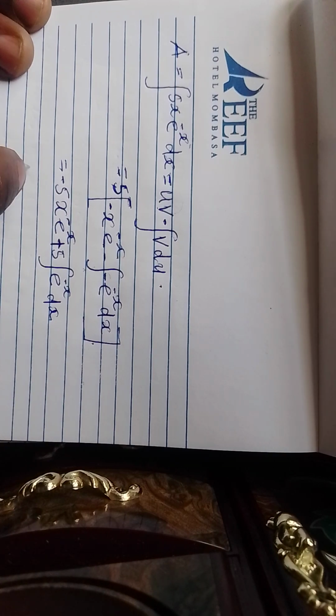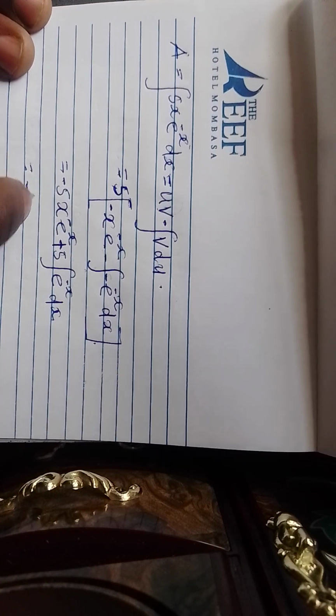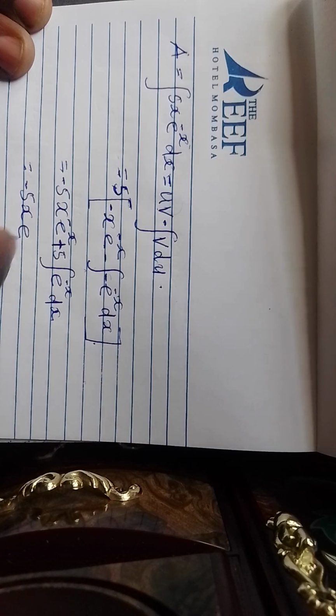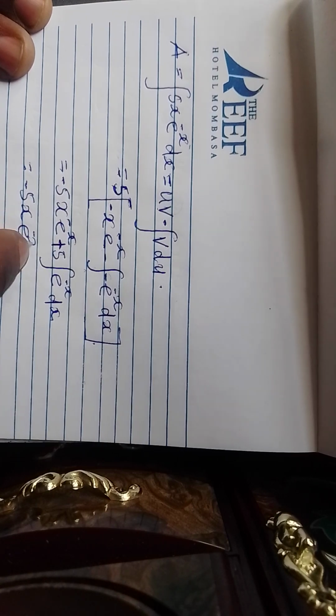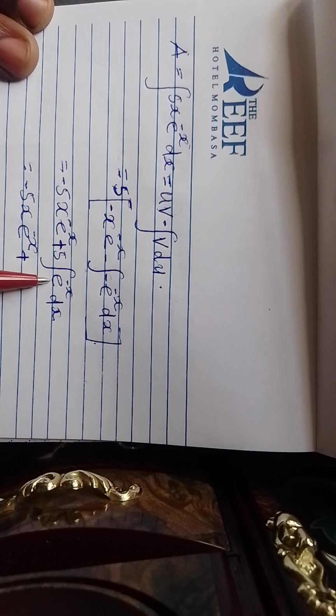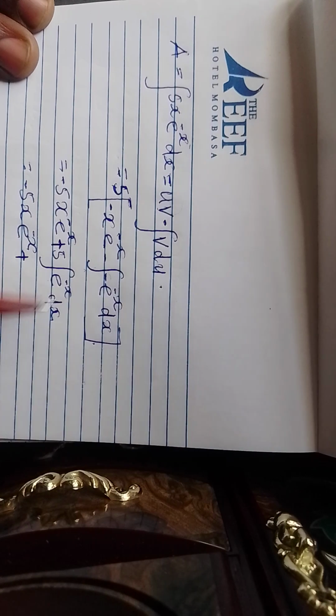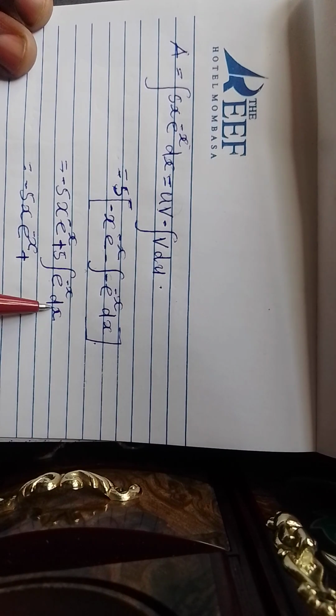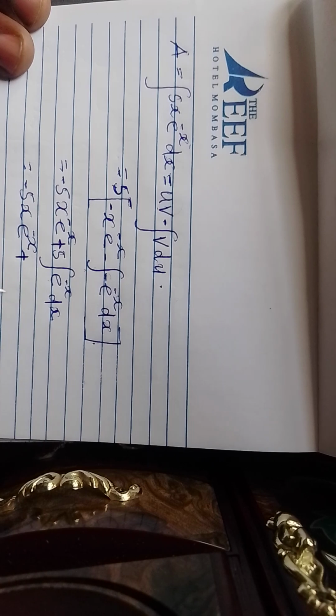So this is equals to 5x exponential raised to power negative x plus, let us integrate exponential raised to power negative x with respect to x. What do we get if we integrate this part here?